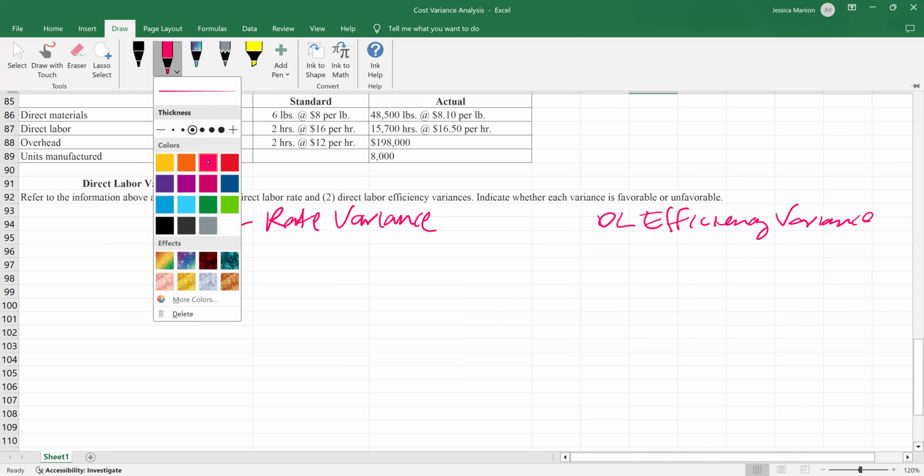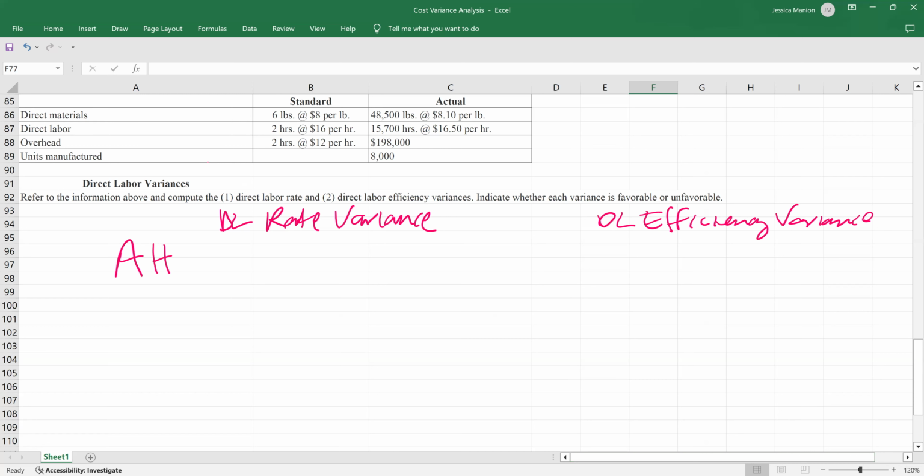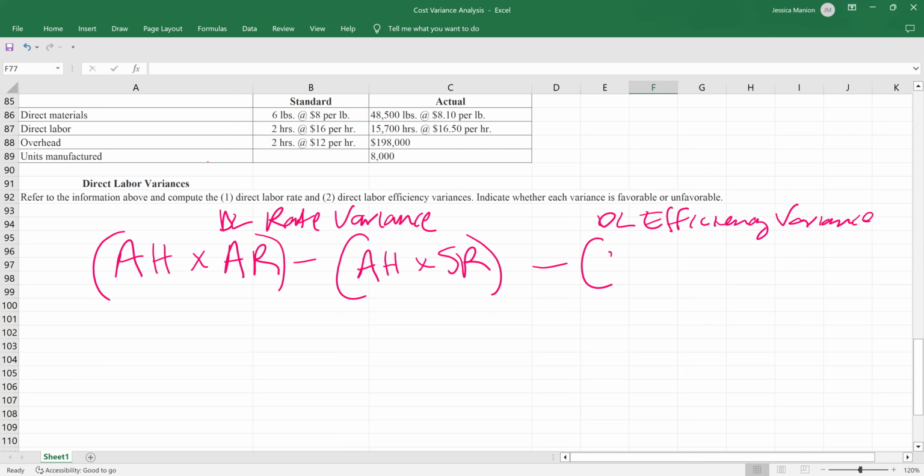And that formula for us, we're going to take for the rate variance, actual hours times actual rate. We're going to compare that to actual hours times the standard rate. And then we're going to compare that to standard hours times standard rate. All right, let's plug some numbers in here.